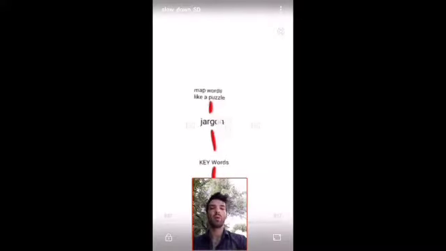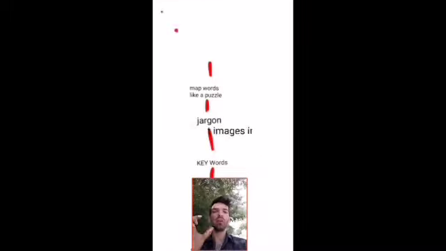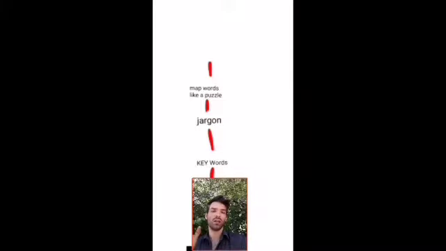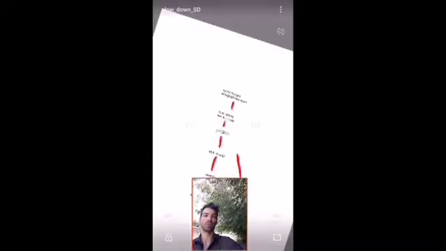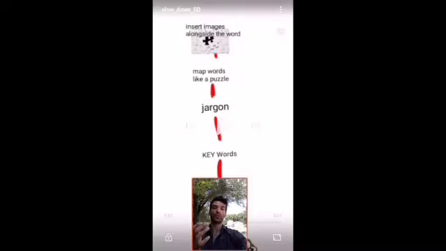Okay, map words like a puzzle. Each word, each jargon, each thing, each word of its own creates this maze, this puzzle. And once you have collected all of the words on your sheet, that's all you're doing when you take notes.